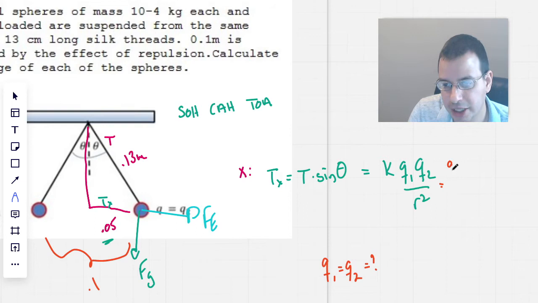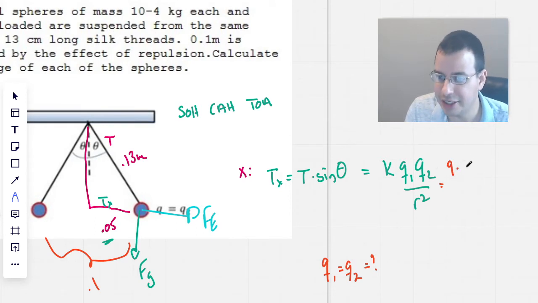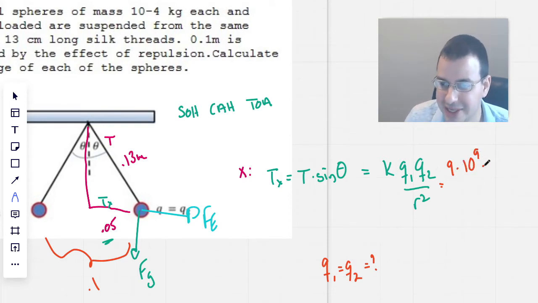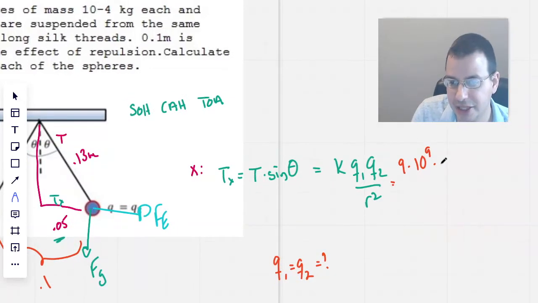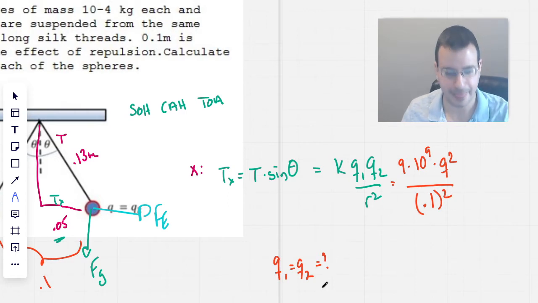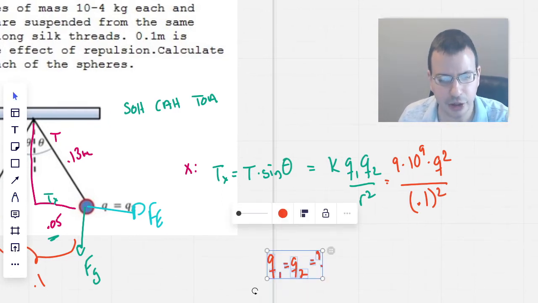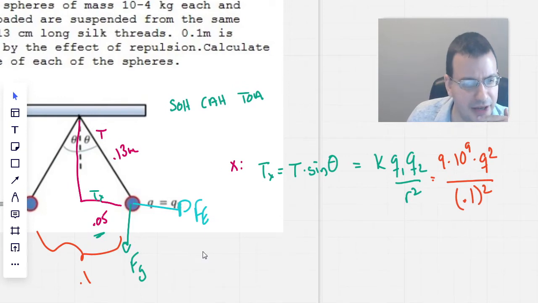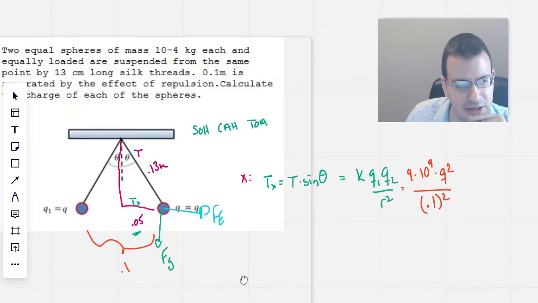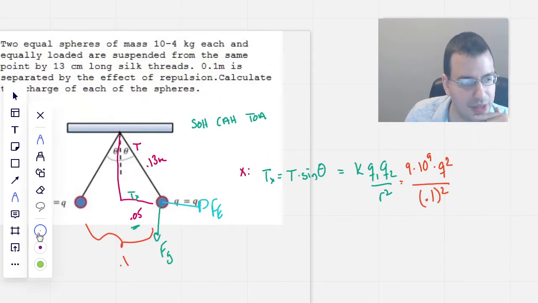K is 8.99 times 10 to the 9th, but I'm going to round that up to 9. So we're going to have 9 times 10 to the 9th, Q squared, all over 0.1 squared. Do I want to find theta? I might want to find theta. We'll worry about that later. Okay, so this is one equation.